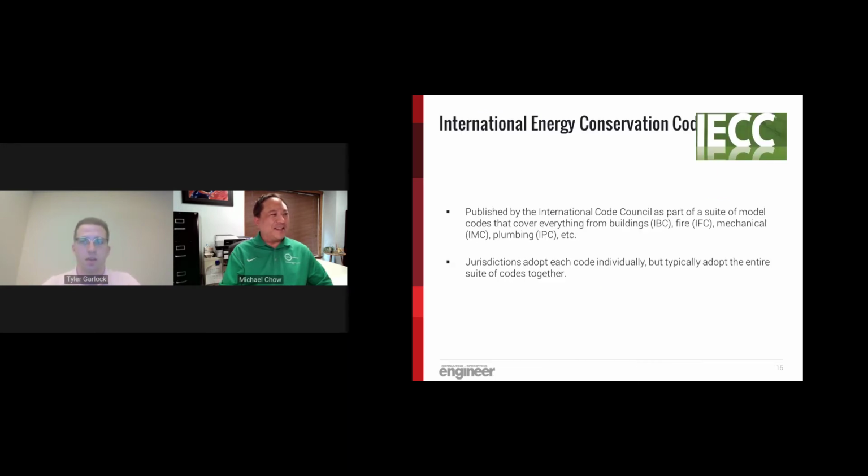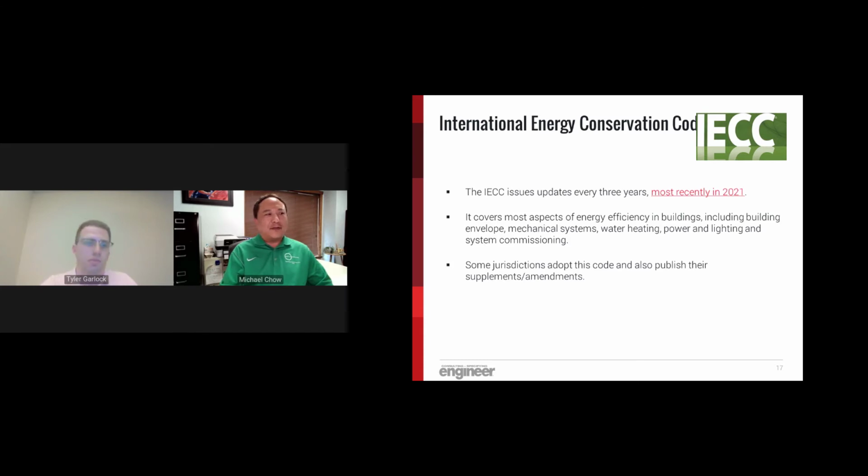Sorry about that, guys. So next is the International Energy Conservation Code, and this is abbreviated IECC. And it's published by the International Code Council, and it goes along with a whole suite of other codes that they have. The jurisdictions normally adopt all these codes together instead of individually.